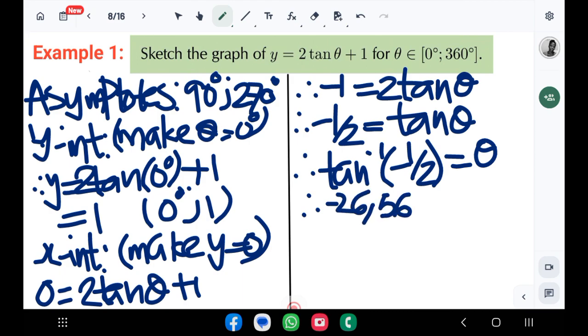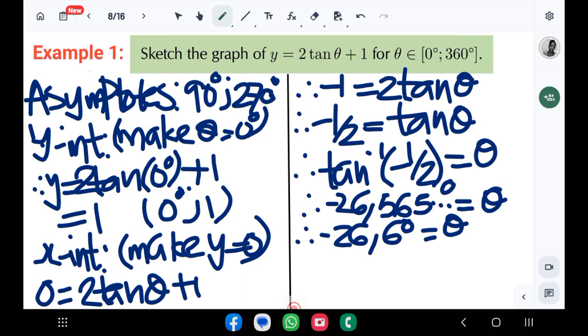That will be equal to theta. That's in degrees, meaning that, okay, if we round this off correct to 1 decimal, that will be therefore -26.6 degrees. That will be our first point where our graph touches the x-axis.